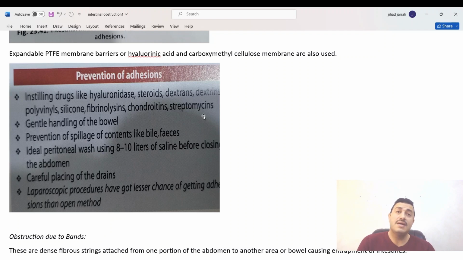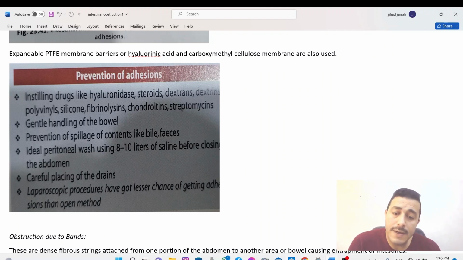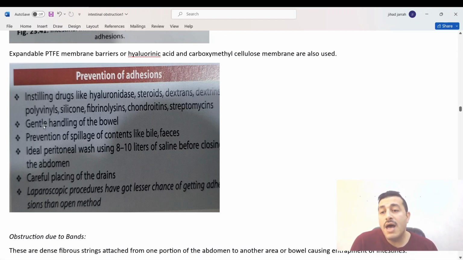Has hyaluronidase been proven to prevent adhesion or not? I'm sure that studies will be conflicting. Okay. Other modalities to prevent adhesion are gentle handling of the bowel. That's correct. Prevention of intra-op spillage if we can. Spillage of what?